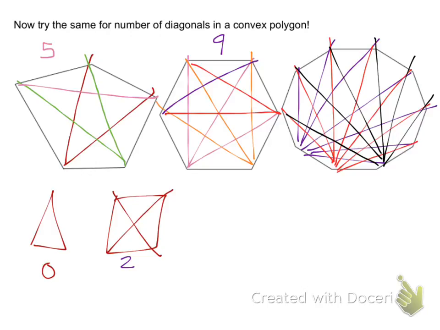Oh my goodness. We already did purple. Green. We're at 20? 21, 22, 23, 24, 25. 26, 27, 28, 29.